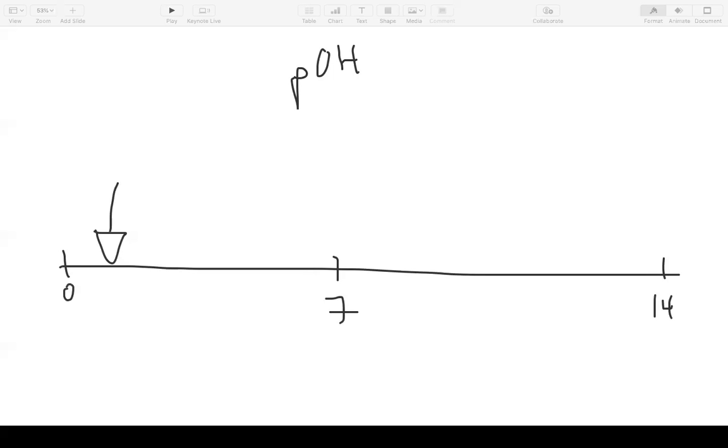Dealey says acidic. What about the rest of you? What do you guys think? Do you agree? Disagree? Do you think it's neutral?